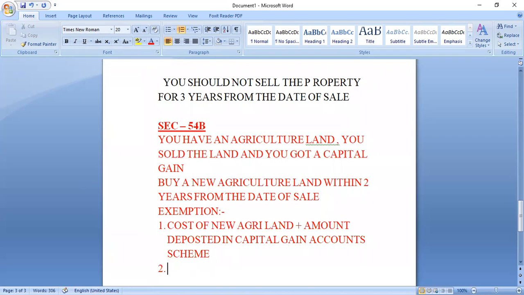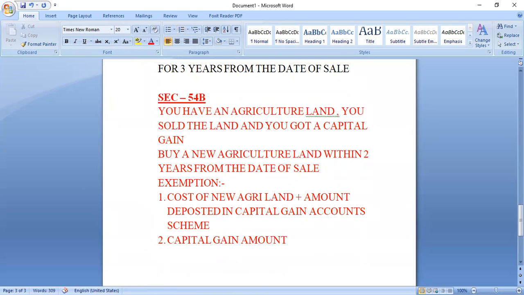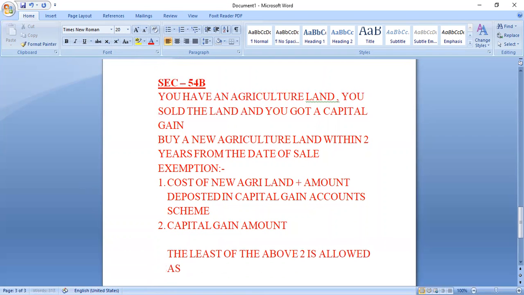The second is the capital gain amount, whatever gain you have enjoyed. The least of the above two is allowed as exemption.